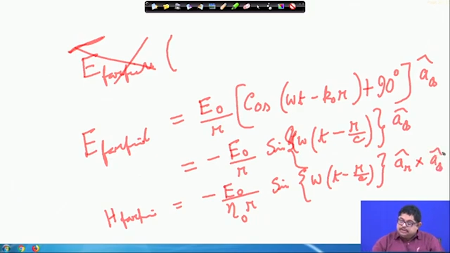So, this also shows that in the time domain the fields are delayed by r by c.